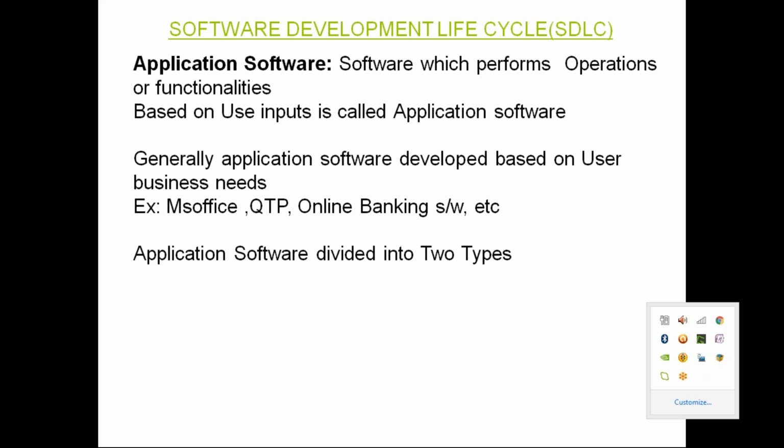Now application software: the software which performs operations or functionality based on user inputs is called application software. All the applications you are seeing in the market now are known as application software. Like GoToMeeting, which we are using, is application software.